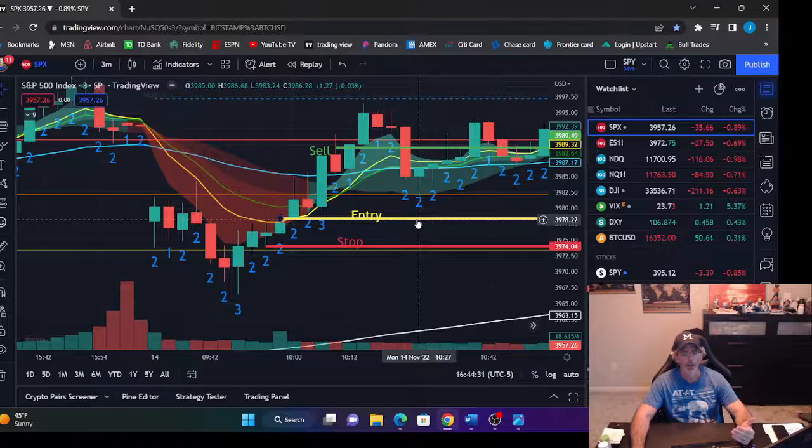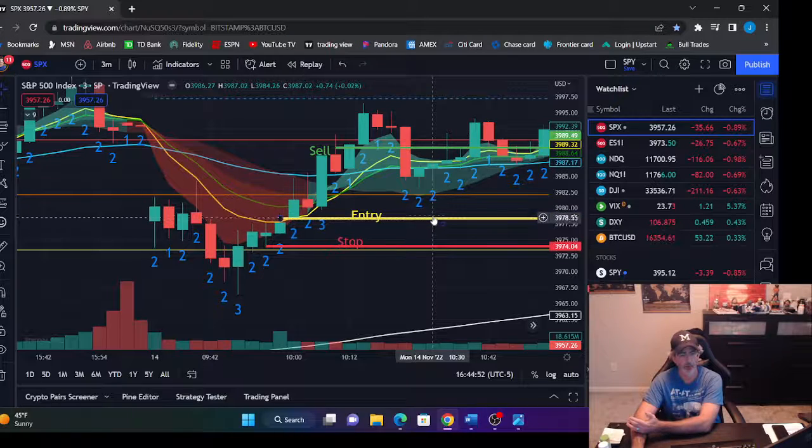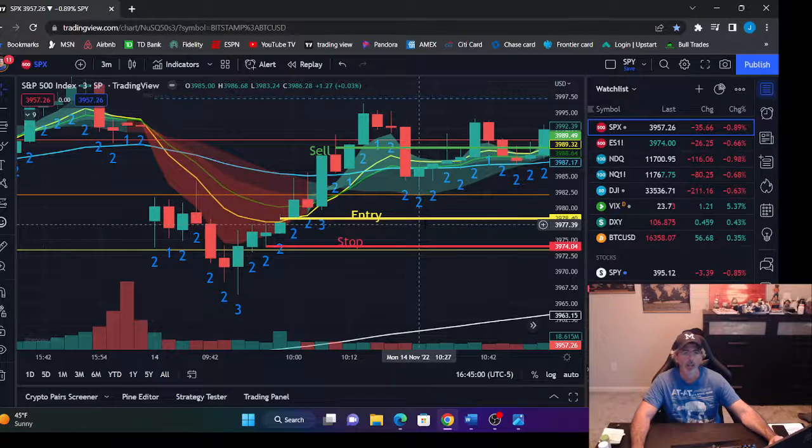So if I played a 39.90 call with the current price at 39.78, that could have been in the $750 to $800 range instead of the $370 range. So you're putting more risk in, but it's a safer play because you're closer to being in the money. You're closer to your strike price, or the price at which you want to exercise the option.